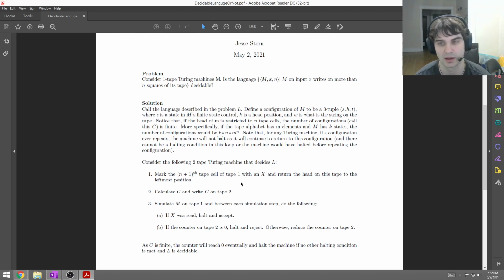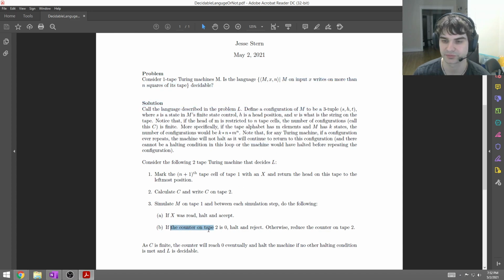A lot of students miss this concept that a Turing machine has to write at every step. So if you are at the n+1th tape cell from the first tape cell, you must have written on tape cells 1 through n. So if you're writing on the n+1th tape cell, you've already reached the acceptance condition of this language that we're given up here.